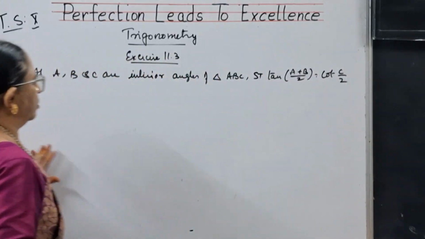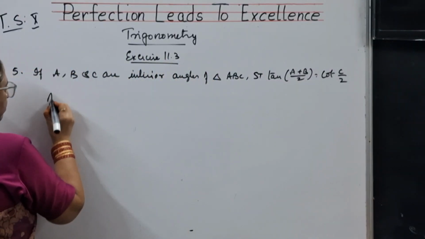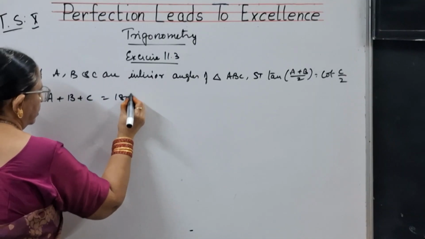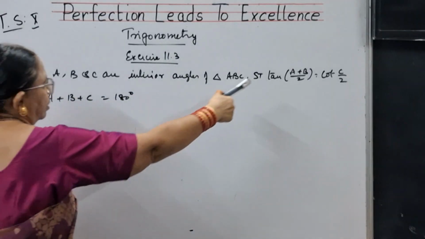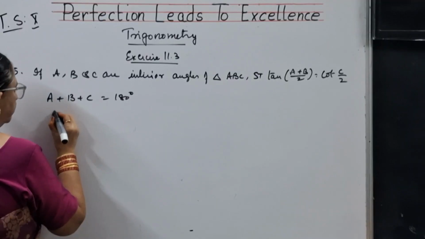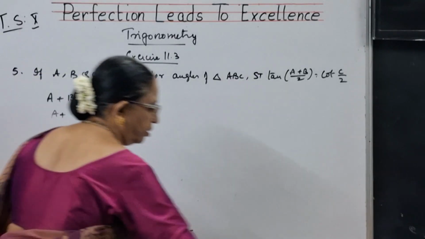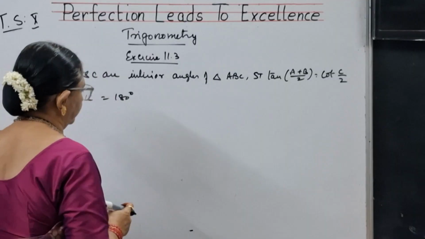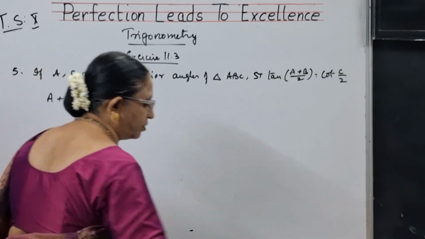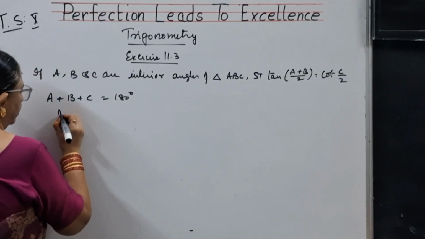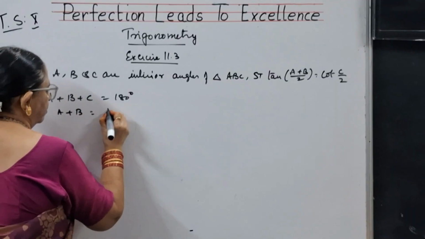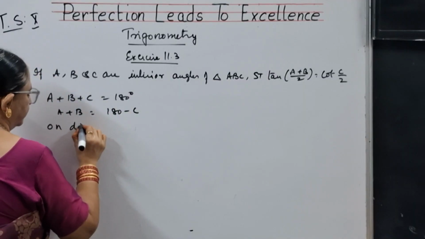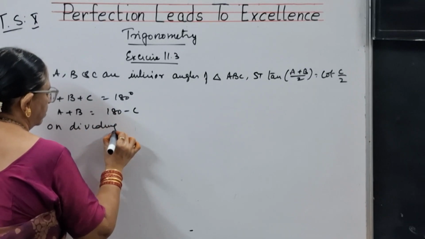Same as that of the example problem, children. So, see, it is very important. A plus B plus C is 180 degrees. So, we want A plus B. So, keep A plus B here. You have to keep whatever the problem demands. In the earlier case, B plus C, so we have taken B plus C on the left side. Here, A plus B. So, keep A plus B here is equal to 180 minus C.